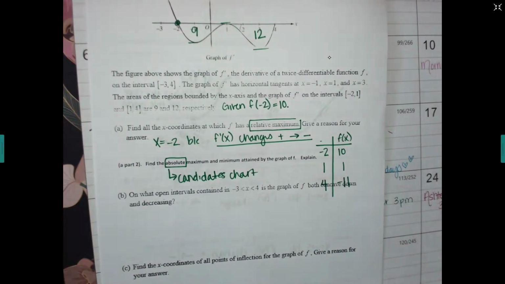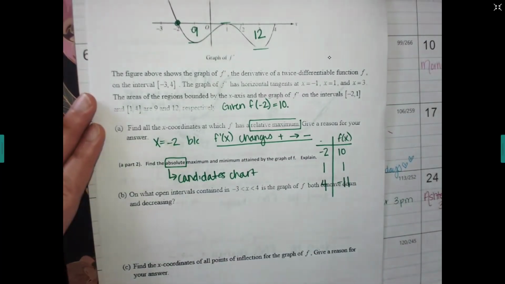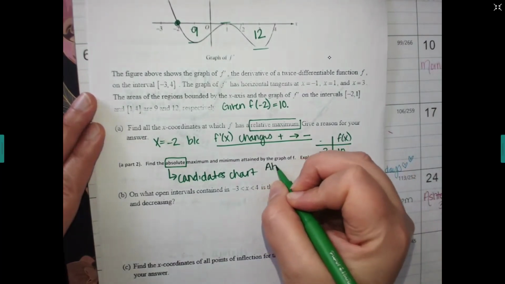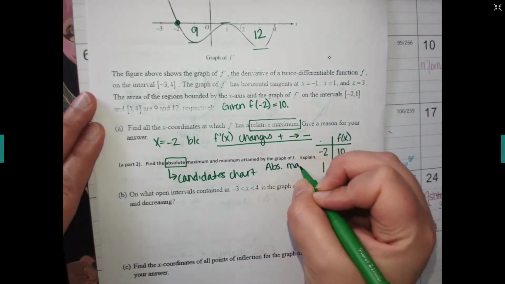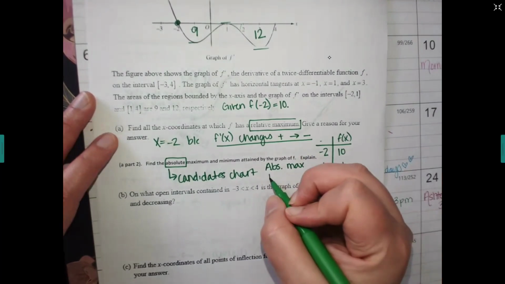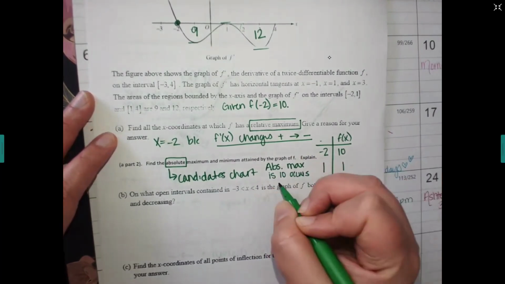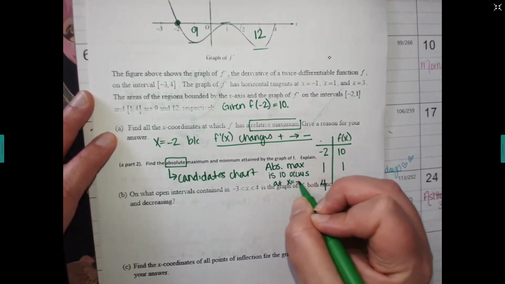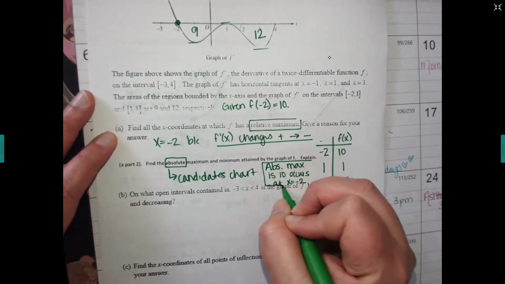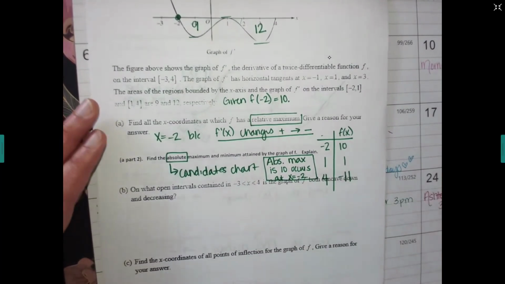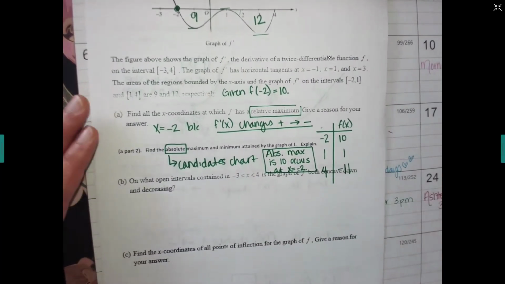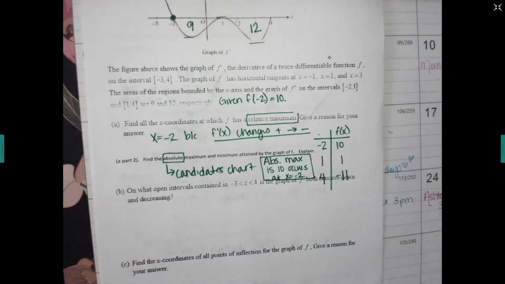So then from there, we could say, what is our absolute max? So make sure when you list it, you want to list the y value. So it is 10 and it occurs at x equals -2. Okay, so the max is exactly how high it goes. Okay, and remember, we're not talking about this graph. We're talking about a graph that we don't have a picture of.